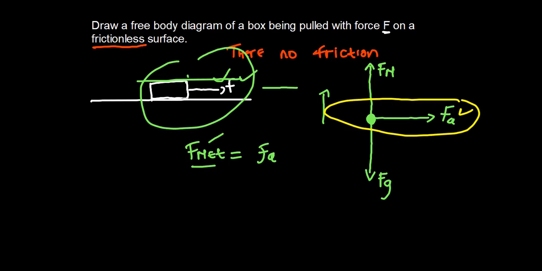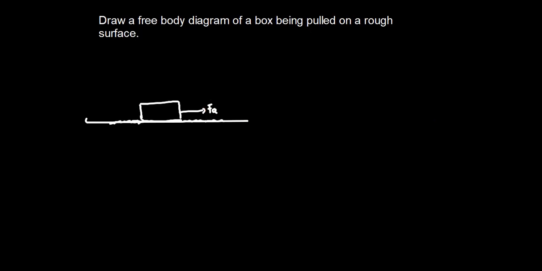And now, since we're looking at motion, we're looking at the forces that are acting horizontally on the object, because this box is moving horizontally and not vertically. So that's why we said our net force equals Fa, which is the forces that are acting on the box horizontally only.